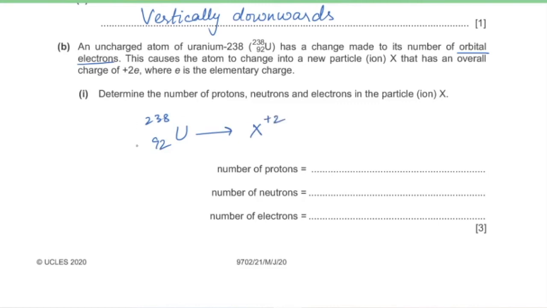This means that the notation on the left remains the same, because this 238 is the number of neutrons and protons, and this is the number of protons, and there is only going to be a change with the number of electrons. So the number of protons remains 92, the number of neutrons remains 238 minus 92, which is 146, and the number of electrons will decrease by 2, so that becomes 90.